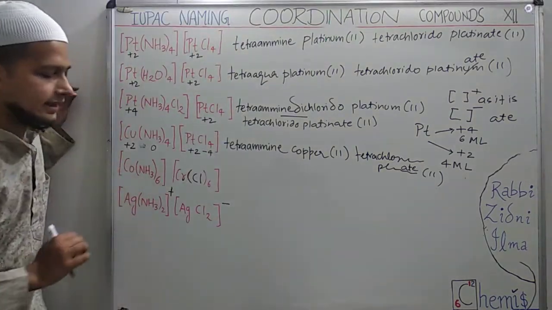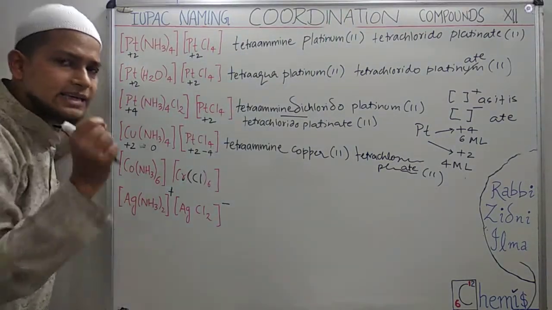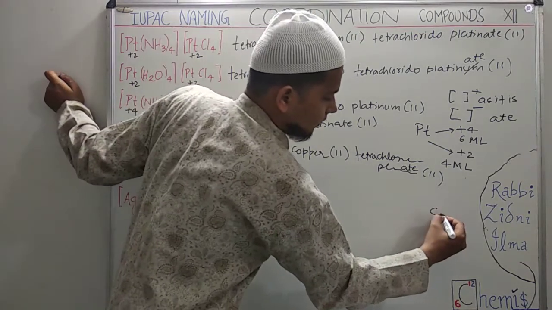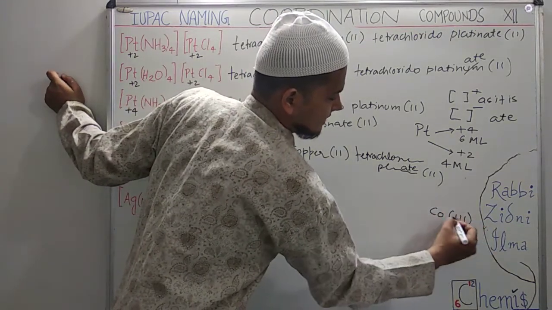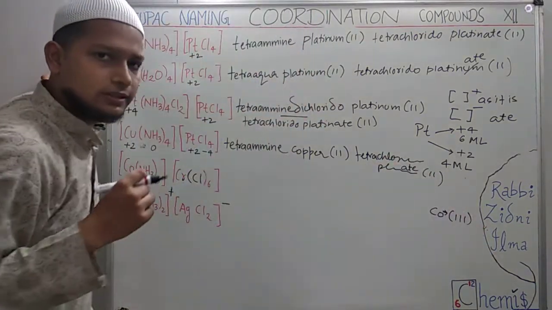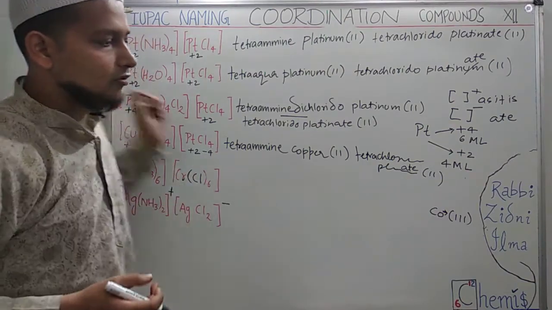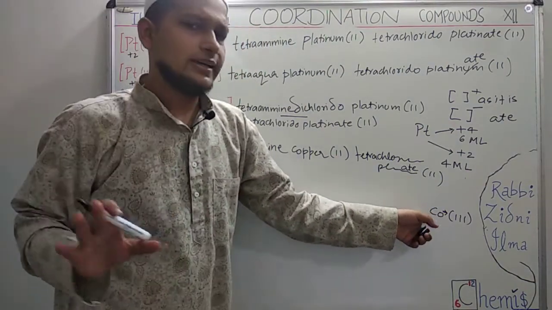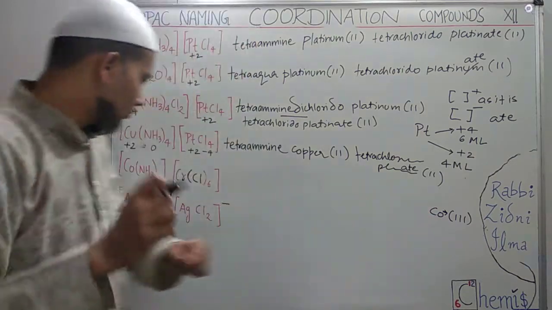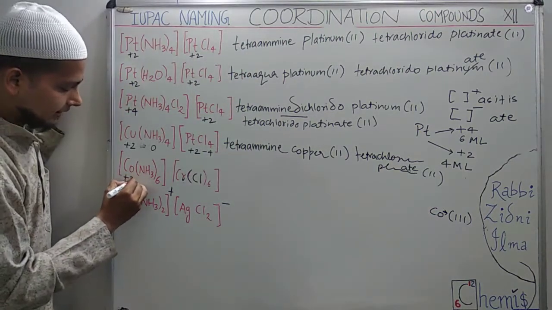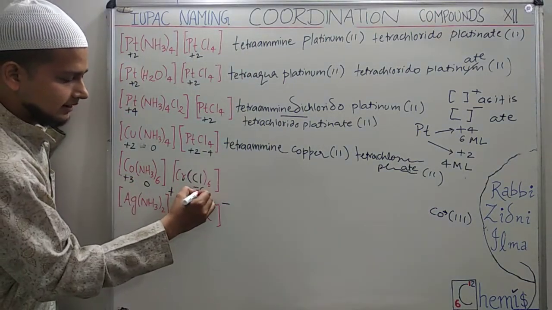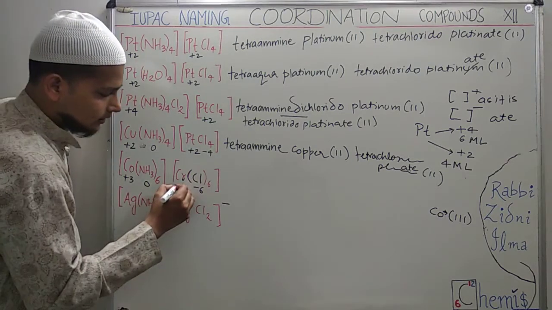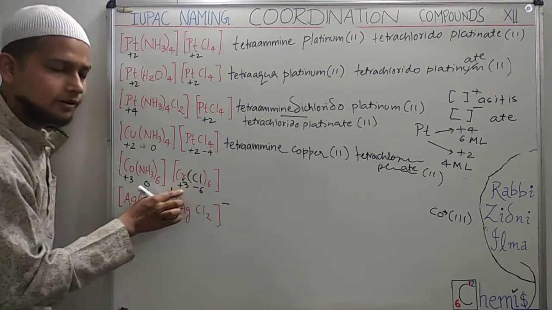Now moving to this case for cobalt. In any case of cobalt, we know the oxidation state is 3. The most common oxidation state of cobalt is 3, so we will apply 3 here. In most of the cases you will find that 3. So if cobalt is +3, NH3 is 0 and chlorine is -6, no worries, chromium turns out to be +3.